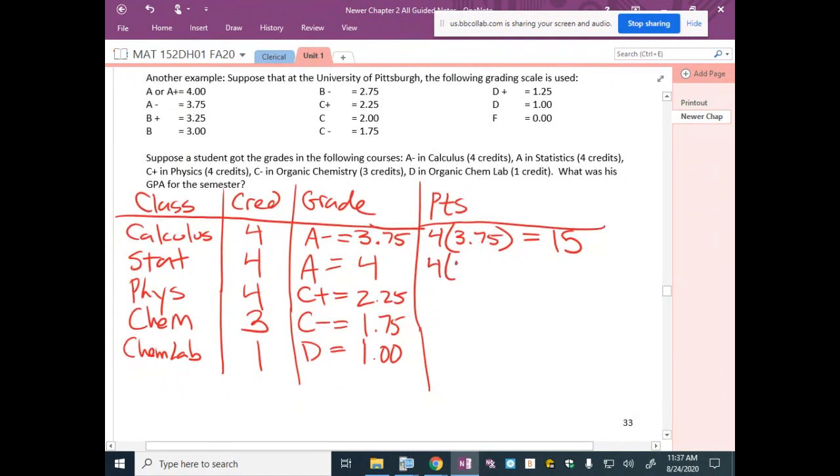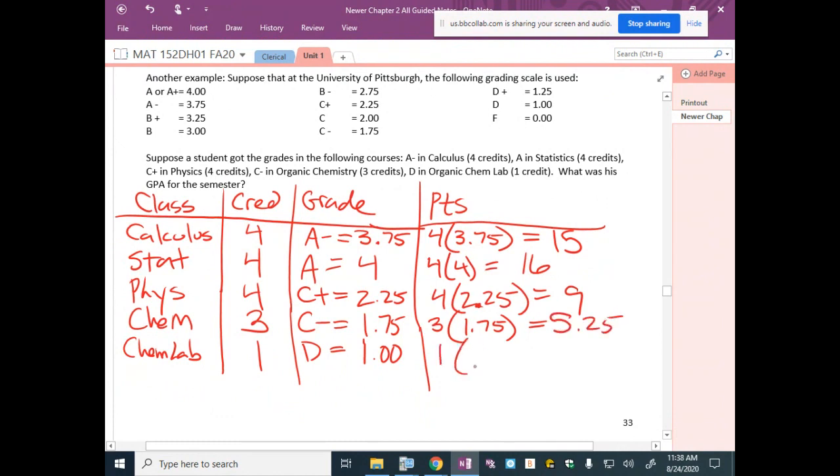So for stats, 4 times 4, a 4 credit A, that's always good. 4 times 2 1/4, that's a 9. 3 times 1.75, I believe that would be 5 1/4. Yep, 5 1/4. And 1 credit and 1 point.